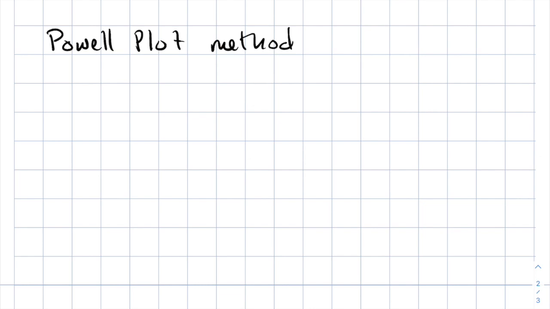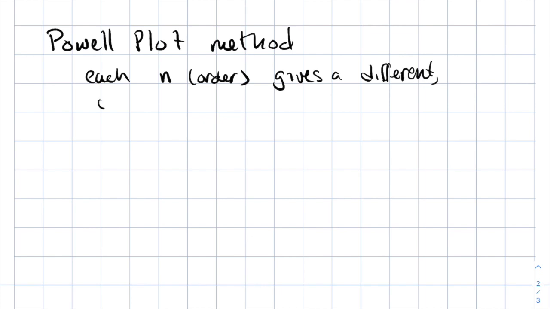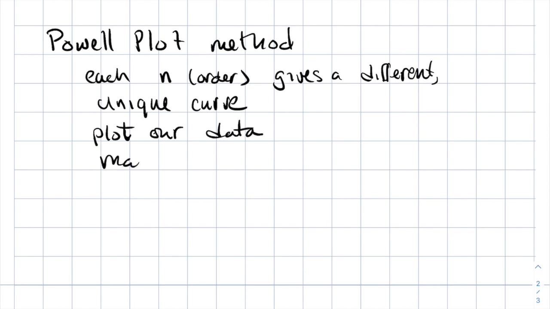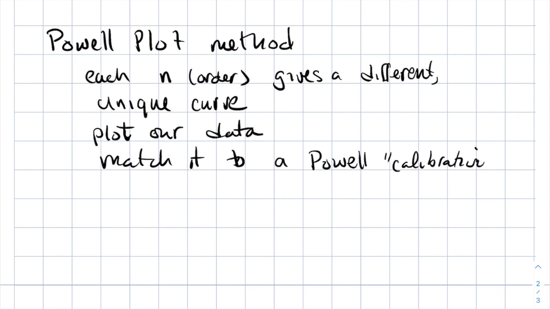So the idea here is each order gives a unique curve, and we will plot our data, match it to a Powell calibration curve.